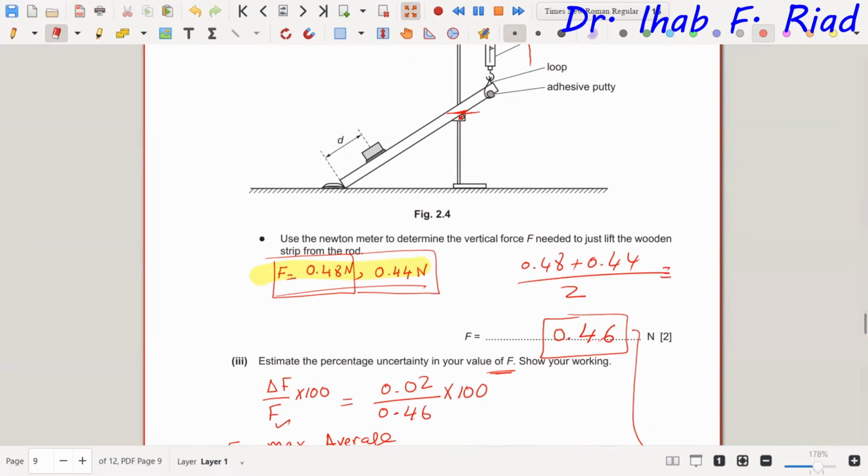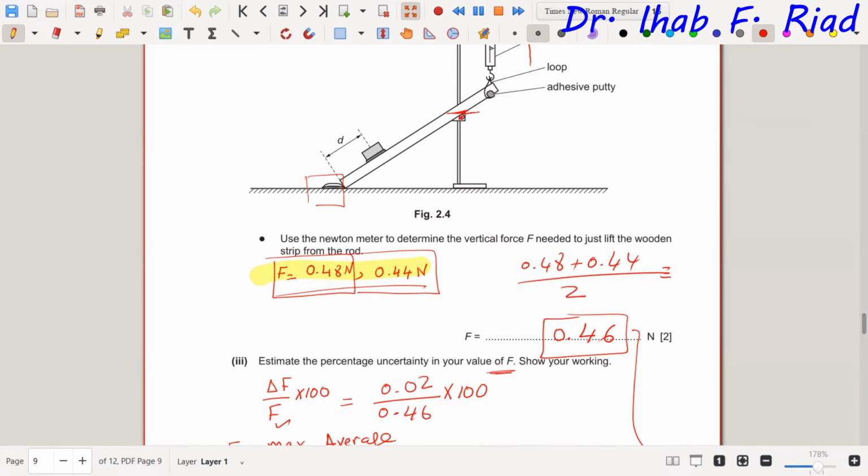You can see he's putting this piece of sticky putty so that the rod or the piece of wood doesn't slide.